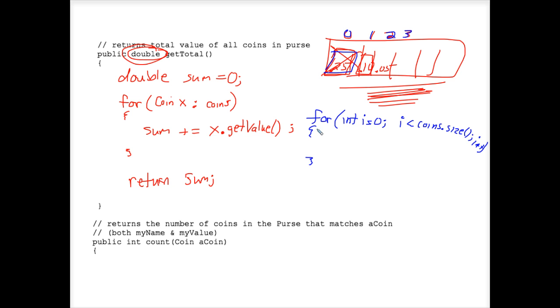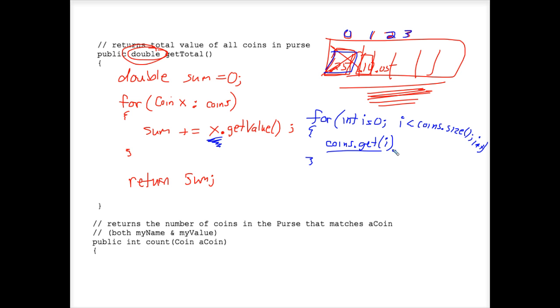Now that will also traverse through this complete array list, and we have the chance then to take each coin at a time. But to refer to these coins now, we have to go through the name of the array list, coins, and do a .get, parentheses i. This notation is sort of equivalent to the x over here. It's a little bit more awkward doing it this way, but it gets the same job done.